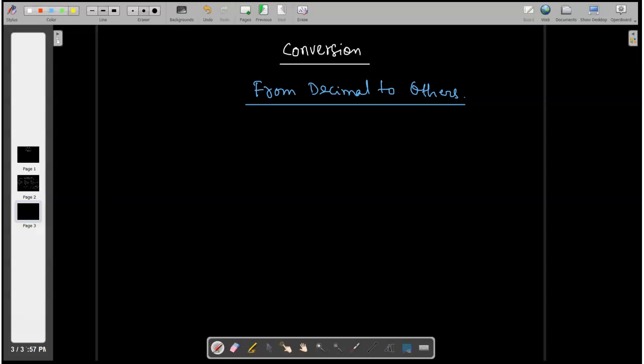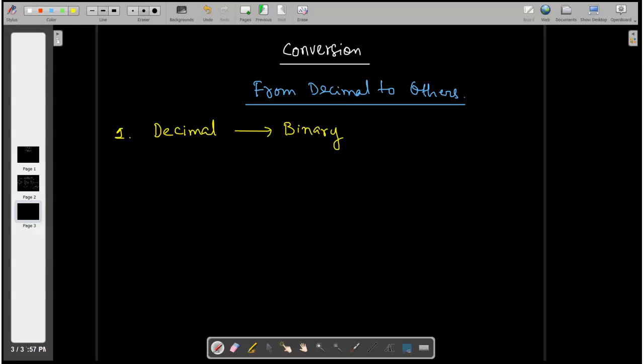So we'll start with number 1, conversion from decimal to binary. How to do this conversion? Okay, I'll be teaching you from very basics. Just understand, and you'll be able to do it. Suppose I take any decimal number.